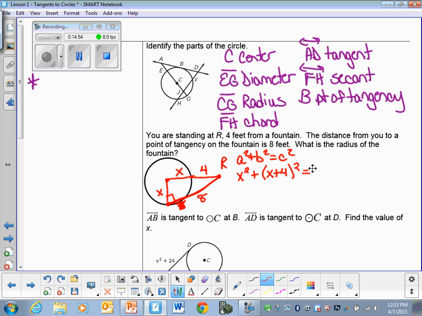And it's going to equal 8 squared. So x squared plus x squared plus 8x plus 16 equals 64. Let's see, 2x squared plus 8x minus, okay, 16 minus 64 is 48.